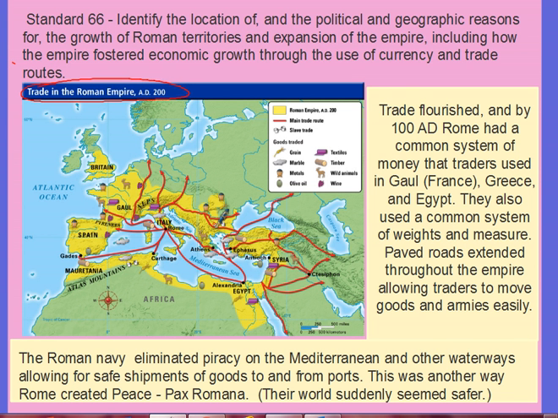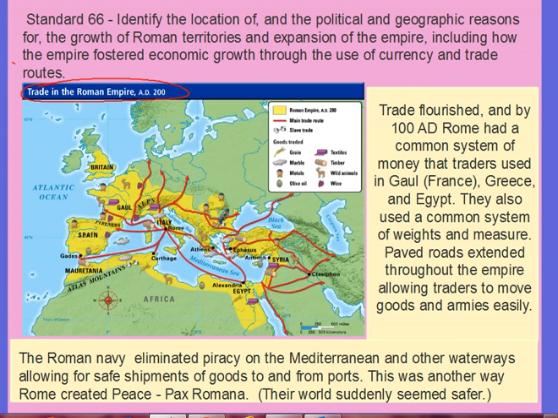Do I want to trade my $10 bill for that CD, or do I want to keep my $10 bill for something else? You still are kind of trading it, aren't you? You're trading your money for that product. Okay? Well, if you went to Greece, they had the same money. If you went to Gaul, which is France today, they had the same money.